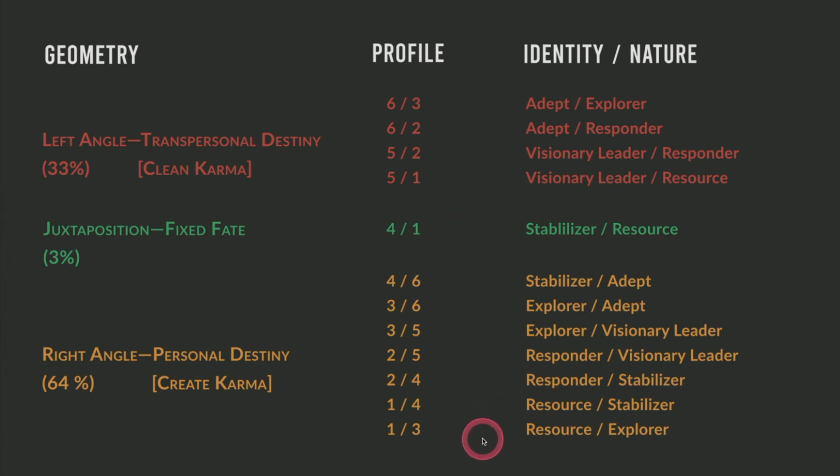And again, I'm all for that. So she uses the idea of the first line as being a resource. The third line is an explorer. The second line is a responder. The fourth line is a stabilizer. The fifth line is a visionary leader. The sixth is an adept, right? So, in the example of my client, she's an adept responder.